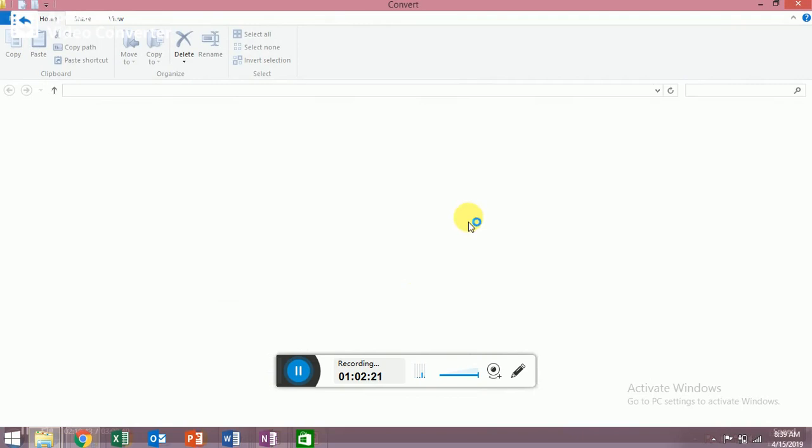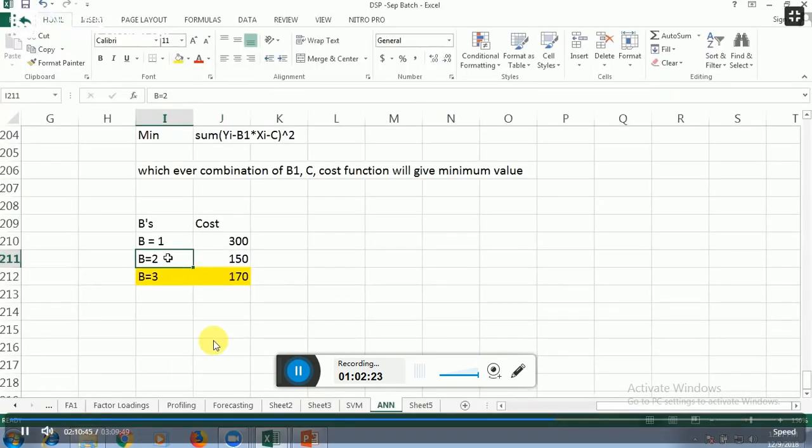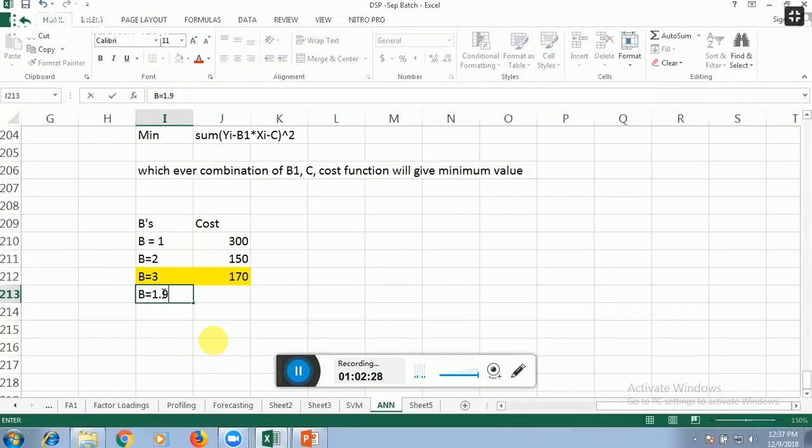So now instead of 2, you will reduce the beta. So now what we will do? Beta equal to 1.9. Suppose the cost is, for example, 145. Now my solution is basically 1.9. Now again I need to look at beta equal to 1.8.